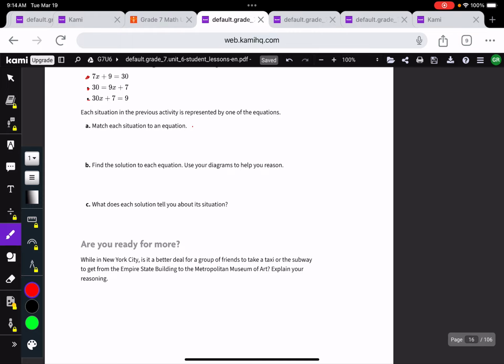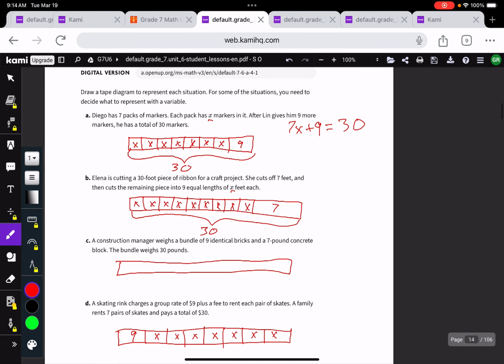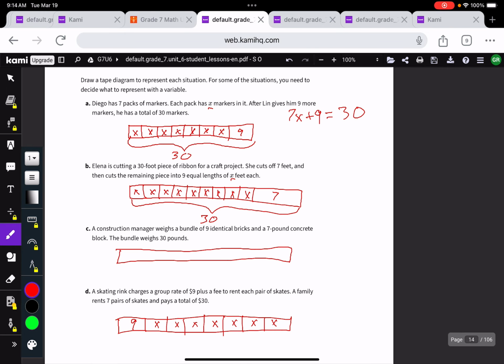Find a solution to each equation. And then what does that tell us? When we find out what 1x equals, so we had 7 packs of markers, 7 times however many are in each pack. After Lynn gives him 9 more, he has a total of 30 markers. So, first thing, let's get rid of this 9.